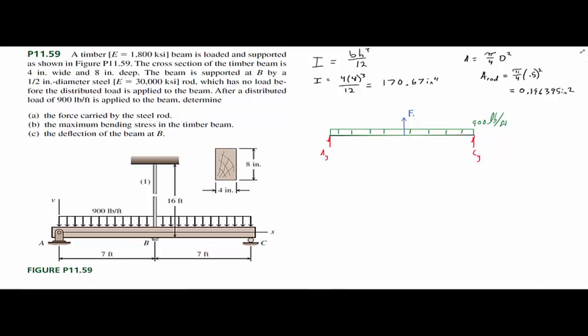So what we can do, let's go ahead and pick the distributive load first. I'll just draw both of them here. So here's distributive load. With and then a point load on this one. So two separate cases, right?